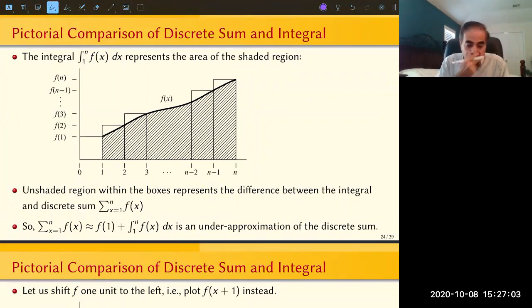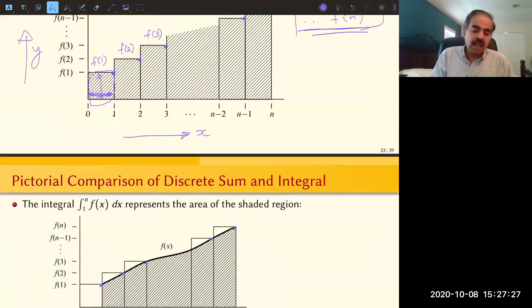Obviously, because it is the same function, the curve is going to exactly match the values that we had in the previous slide.